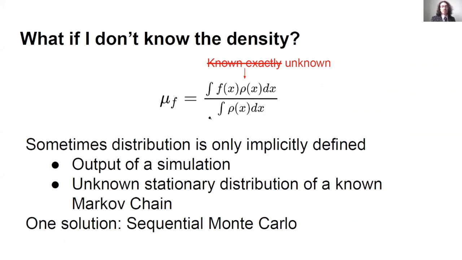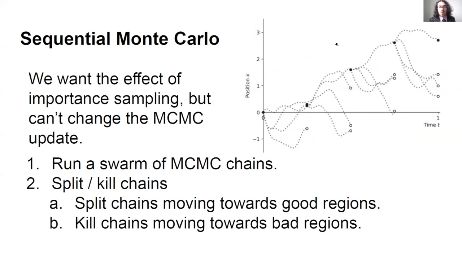One thing you can do there is approaches like sequential Monte Carlo. Rather than explicitly changing the Markov chain or enforcing a bias, you run swarms according to whatever sampler you have, but then you split and kill the chains to move your chains towards good regions that you are estimating.